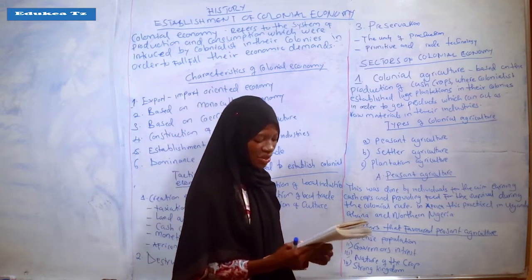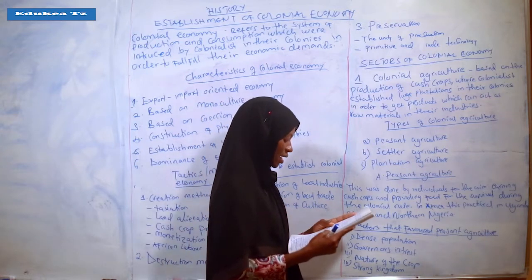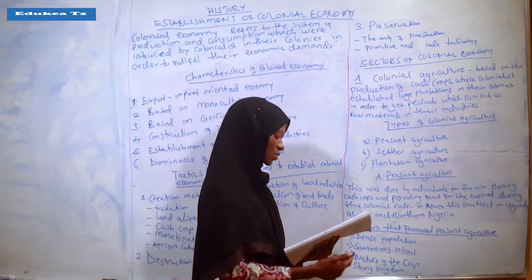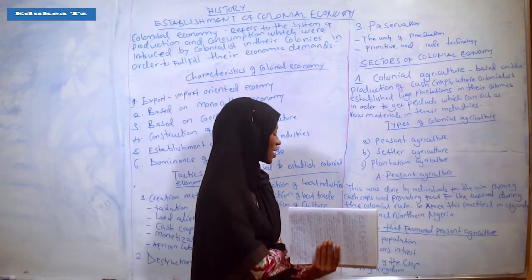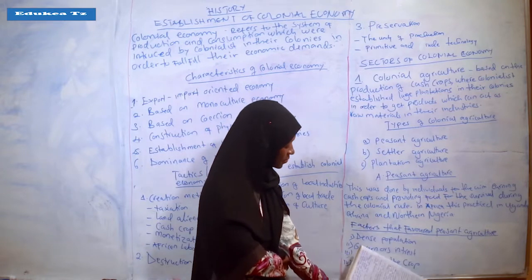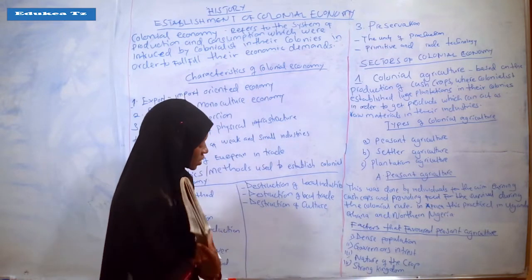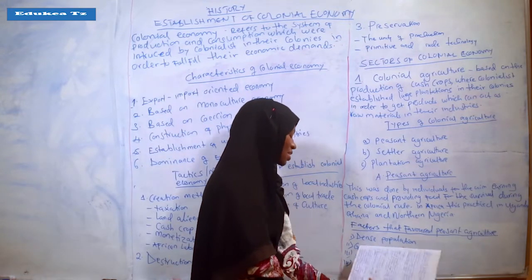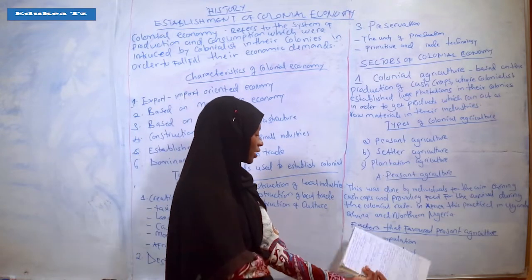Certain crops such as cotton, coffee, and cocoa needed great care and could not be mixed easily with other systems of agriculture. So some crops were not suitable for other types of agriculture. Rather, peasant agriculture was more suitable, like cocoa in Ghana.